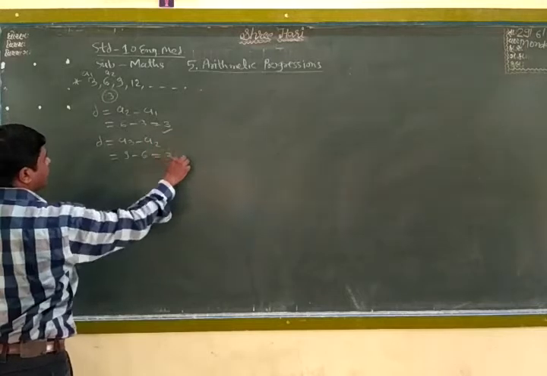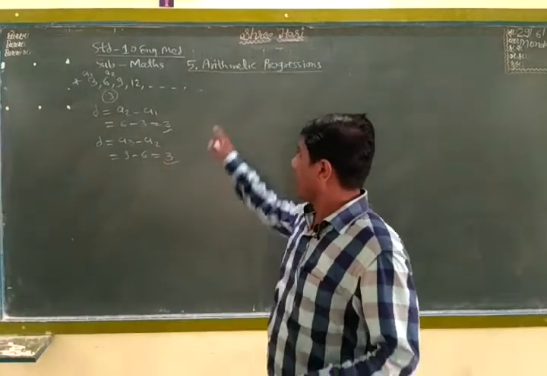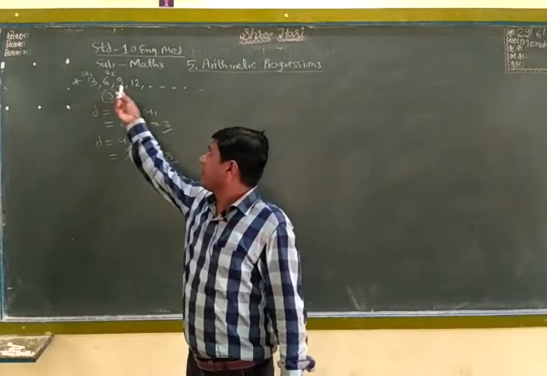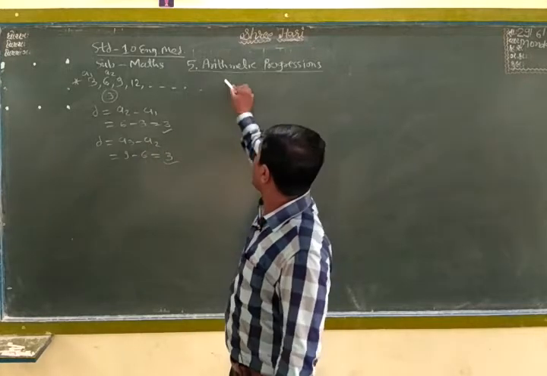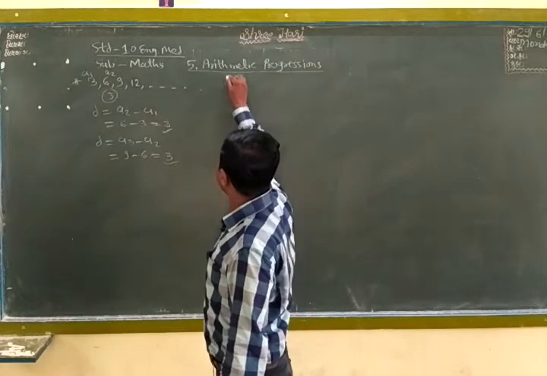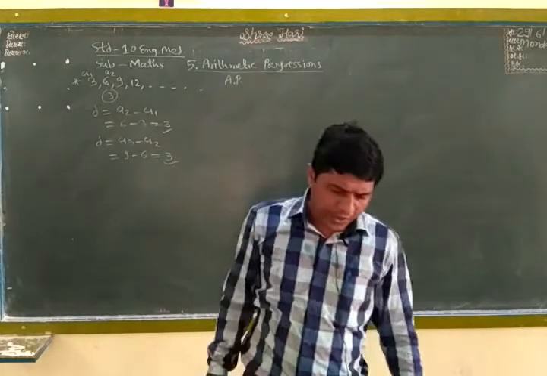This common difference is the same. So by definition, arithmetic progression is a sequence in which the same number is added to all the terms and the common difference is the same. This is called arithmetic progression. In short we can say AP, which means arithmetic progression.